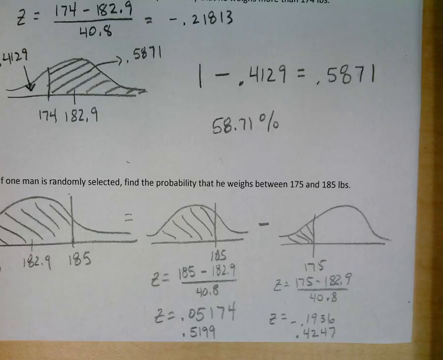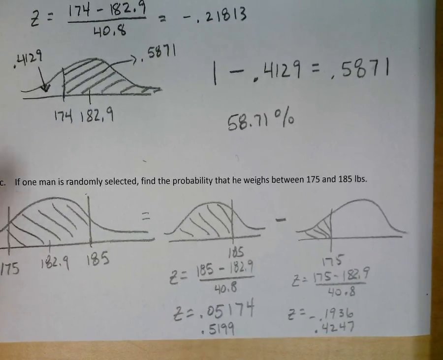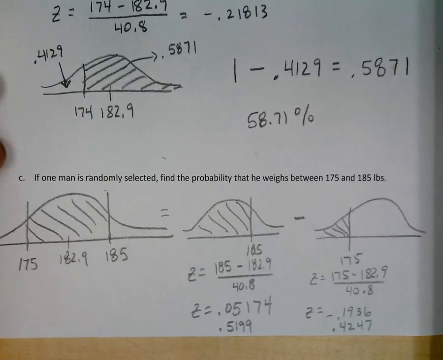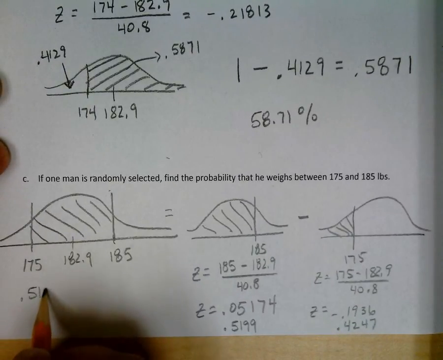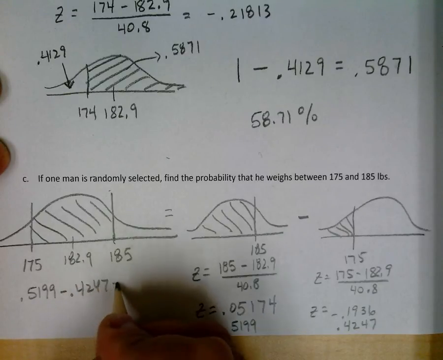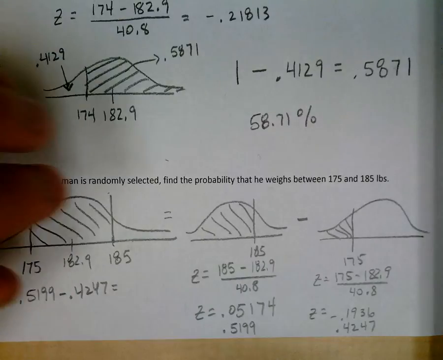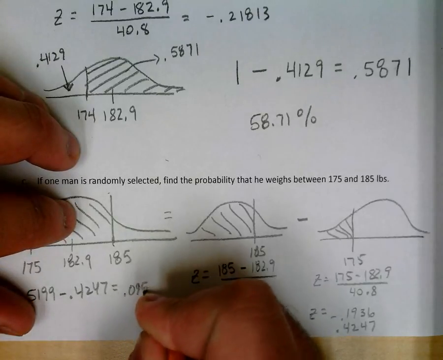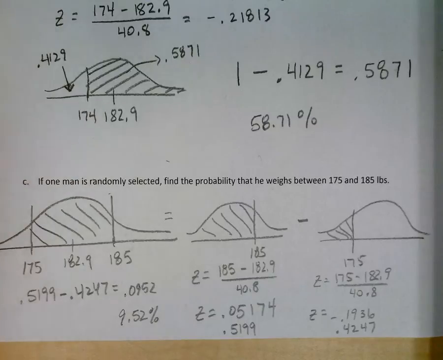All right, so now we want to subtract those probabilities to find the value in between. So 0.5199 minus 0.4247 is 0.0952, so roughly 9.52%.